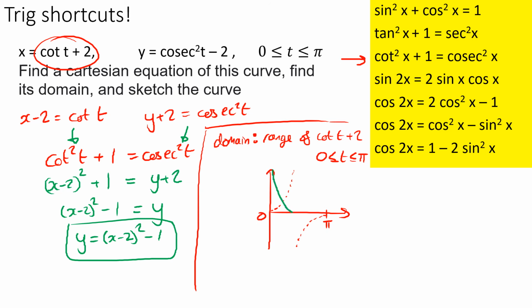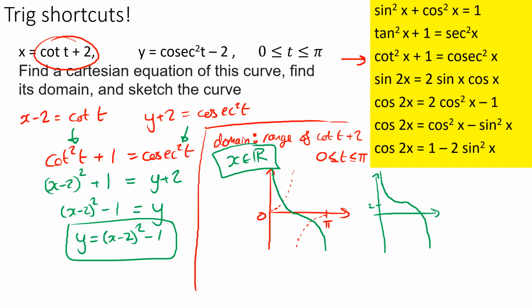So our cot graph looks something like that between those two values. It's cot t plus 2 though, so it would be 2 higher than that. So the actual graph would bend at 2, not at 0, and then come back down. But it doesn't matter because it still covers all possible values. So our domain must be all possible values as well.